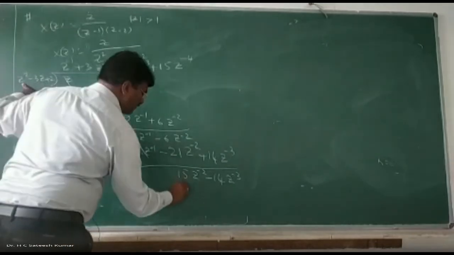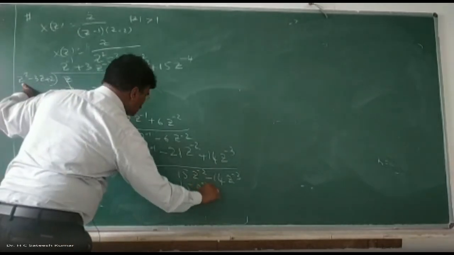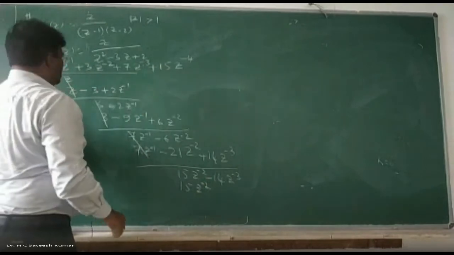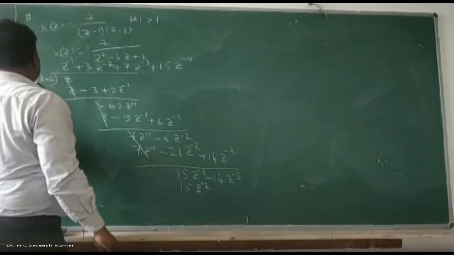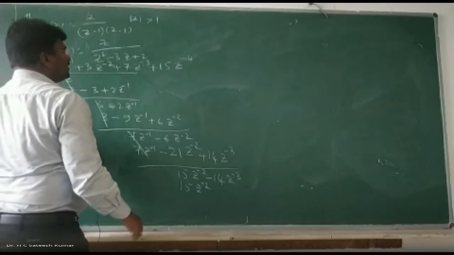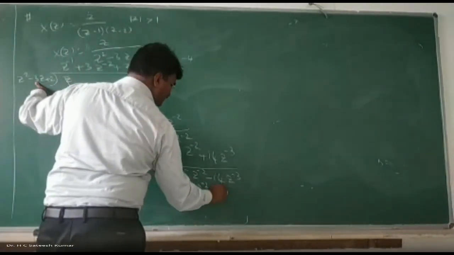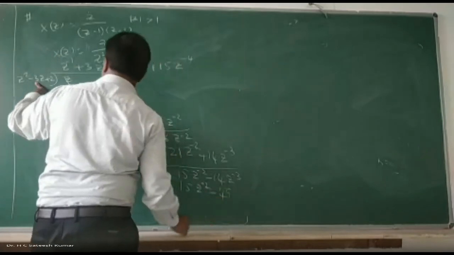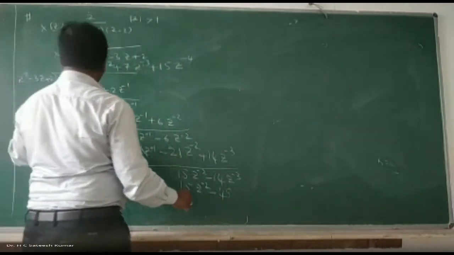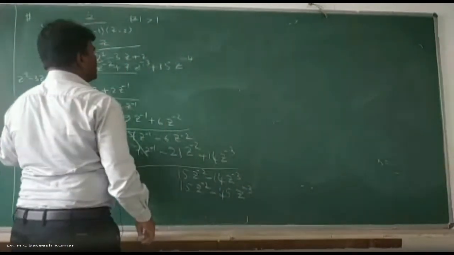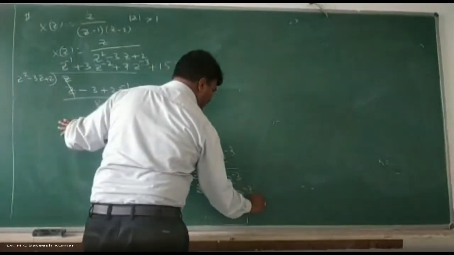15 z to the power of minus 2 and what will you get? 15 into 3. 15 into 3 is 45. 45 minus 45. Z to the power of minus 4 into z is what? Z to the power of minus 3. And 15 into 2, 30.